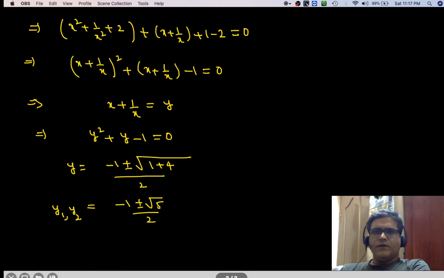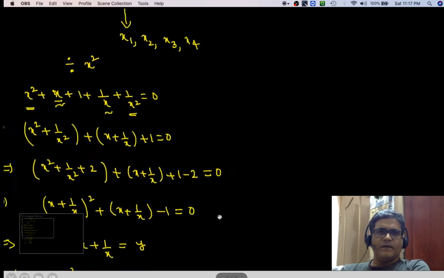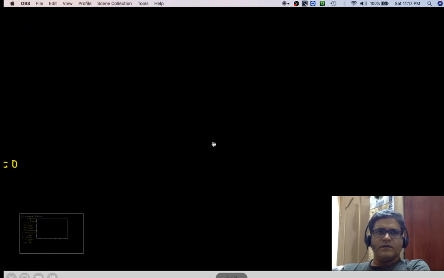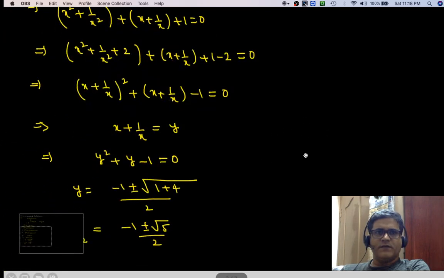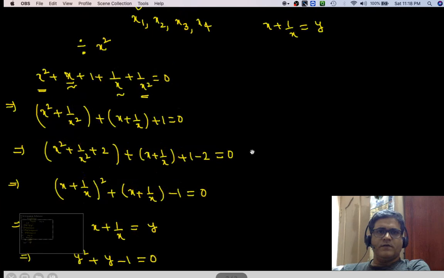Now you take x plus 1 by x equal to y. Here y has two values, that is y1 and y2.